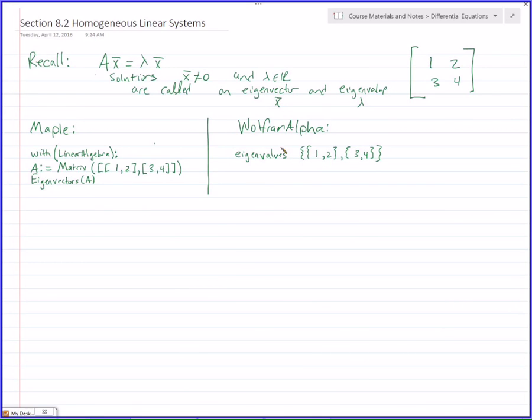Now, as it turns out, the reason I actually like Wolfram Alpha a little bit better in this context than Maple, although in general I like Maple better, is there's something we're going to do in 8.2 that needs something called a generalized eigenvector, which are kind of clumsy to do in Maple, but Wolfram Alpha tends to just return them to you directly.